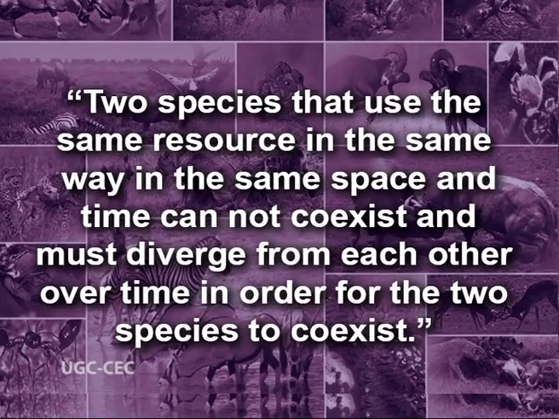The competitive exclusion principle explains that two species that use the same resource in the same way in the same space and time cannot coexist and must diverge from each other over time in order for the two species to coexist. One species will often exhibit an advantage in resource use.